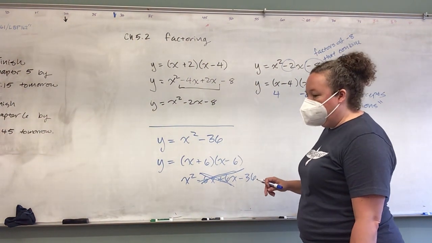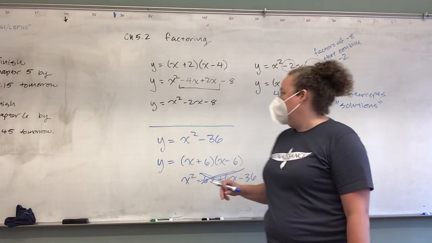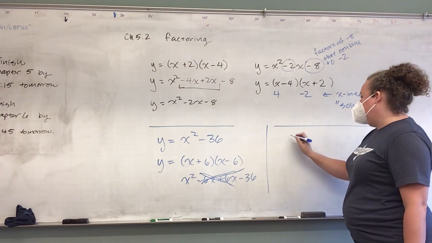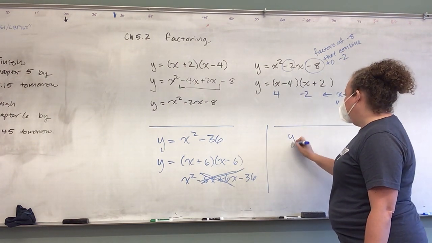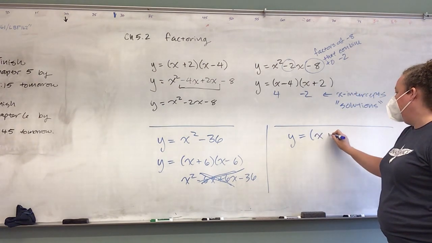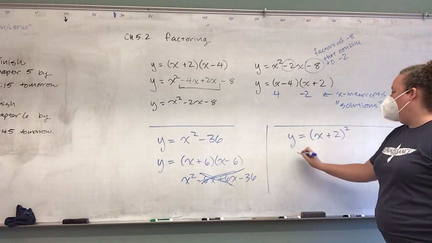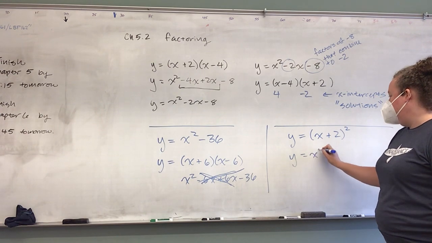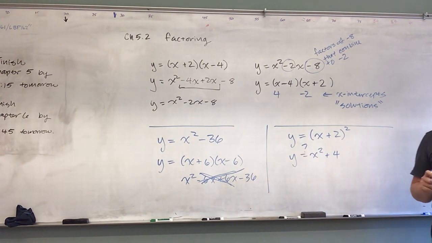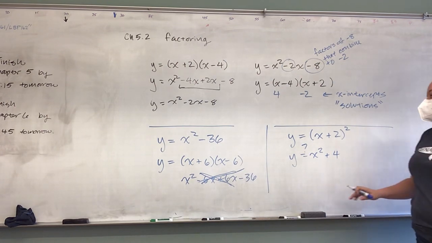All right, and here with the perfect squares, it's also important to note, and we went over this yesterday, but if I have y equals x plus 2 squared, Merlin, is it going to be x squared plus 4? No. What is it going to be?